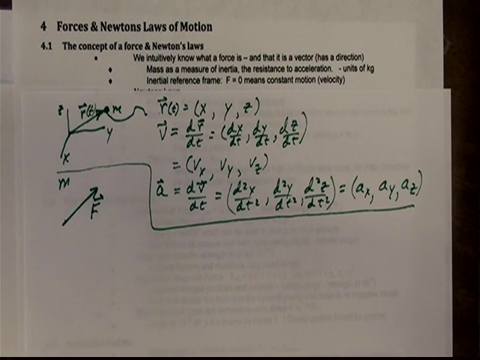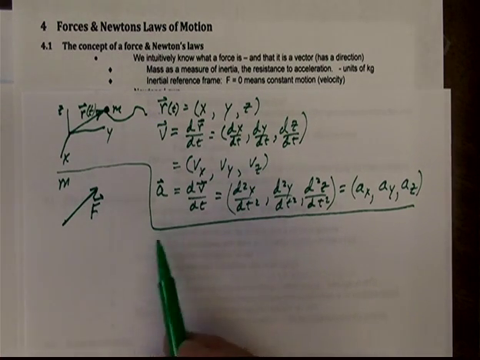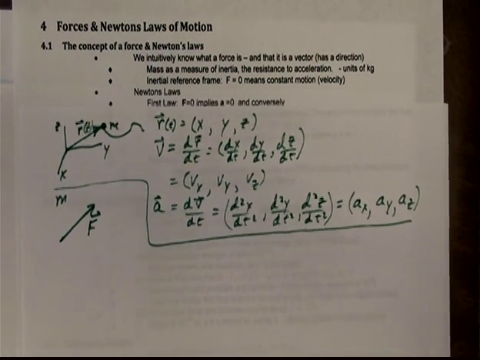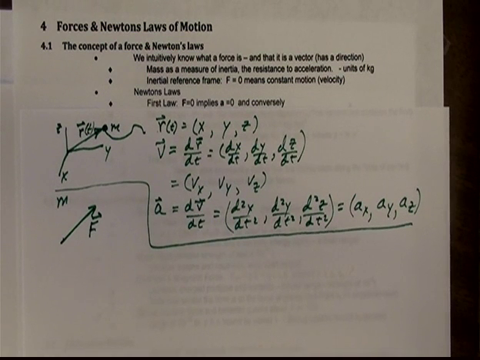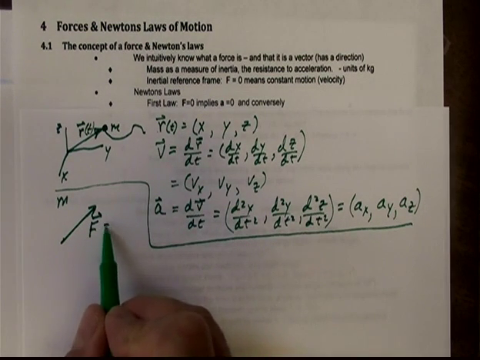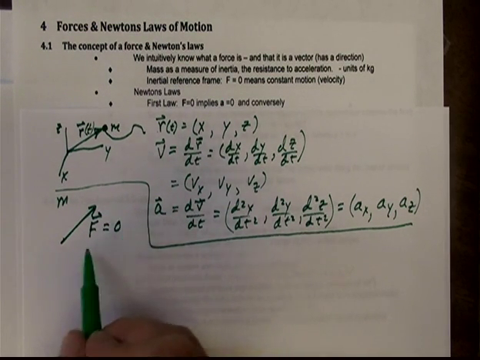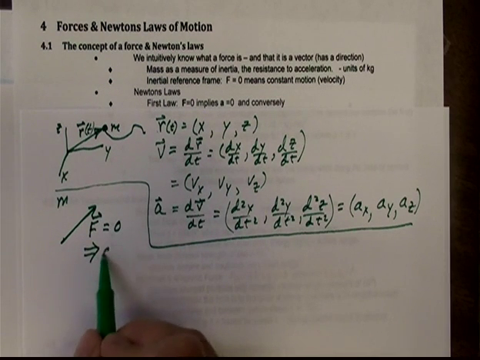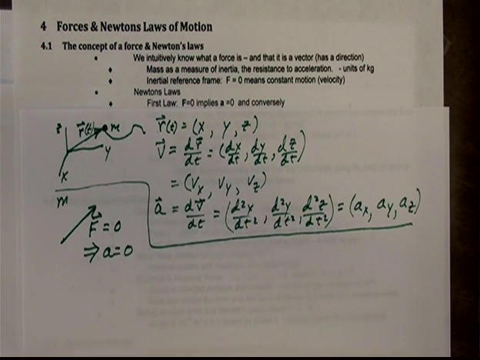Well, the force is going to be our key to understanding how we prevent looking at the changes in acceleration, the changes in those, and the changes in those. Newton's first law, and there are three of these altogether, says that if the force is equal to 0, then this will imply that the acceleration is equal to 0. If there's no force, there's no acceleration.